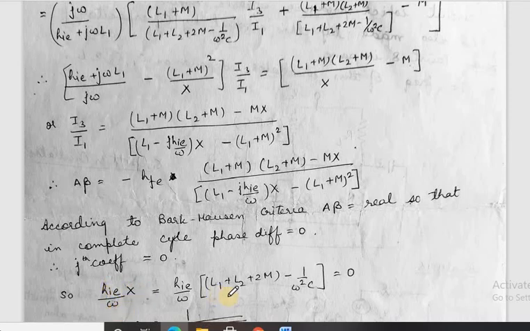Now what is X? X is L1 plus L2 plus 2M minus 1 upon omega square C. So this whole term should be 0. Now we know HIE is not 0 because it is associated with the transistor, and omega is the angular frequency, it is also not 0. So this term should be 0. Now if we place this term equal to 0 and simplify it, we get omega equals under root of L1 plus L2 plus 2M into C, inverted.